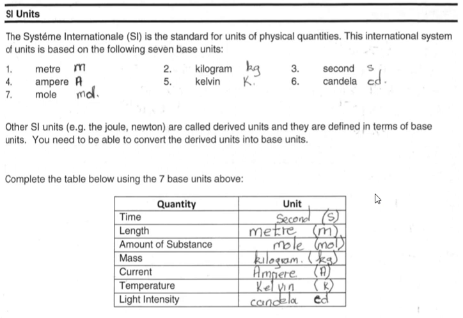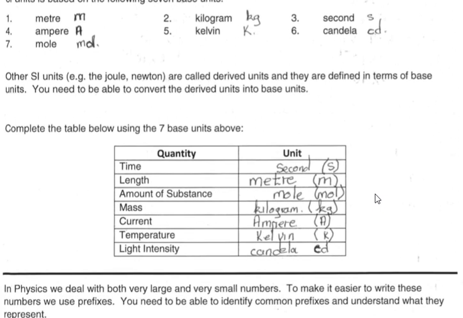But at higher level school physics, so higher level GCSE and into AS A level, you need to be able to convert between those, and you also need to be able to express derived units in terms of their SI base units.